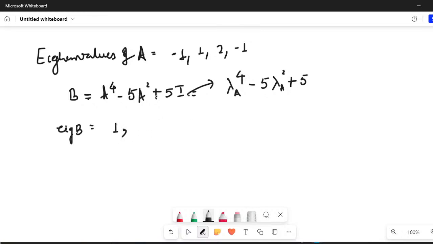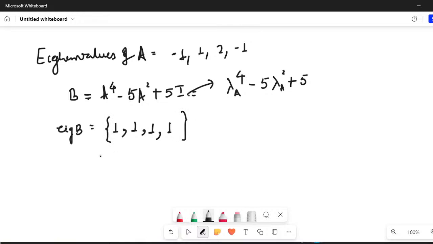Then if you place 1 here, you get 1 minus 5 plus 5, so it is again 1. Corresponding to 2, you will get 16 minus 20 plus 5, which is 1 again. So the set of eigenvalues of B would be 1, 1, 1, 1.